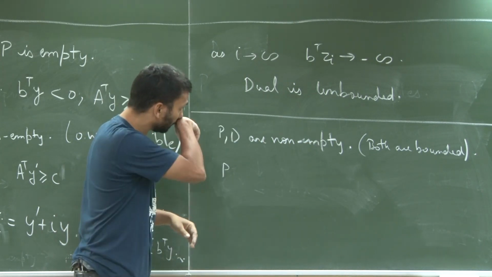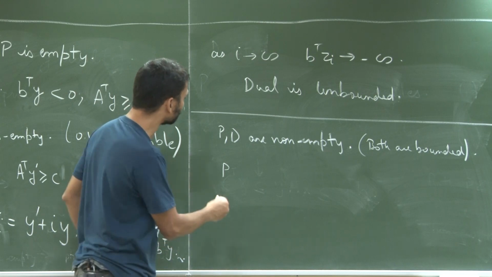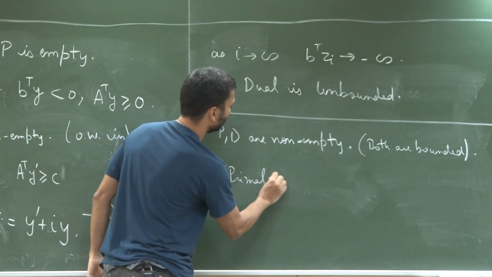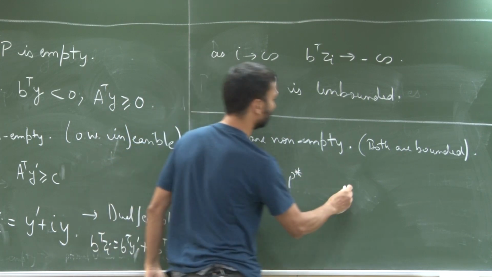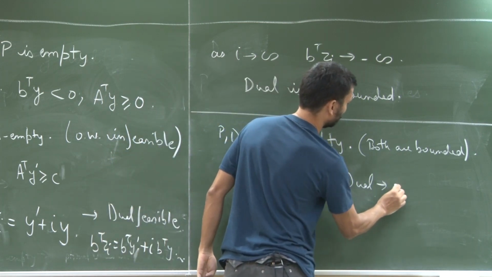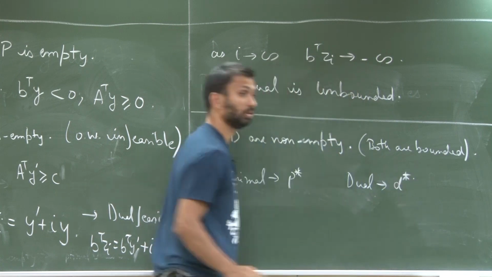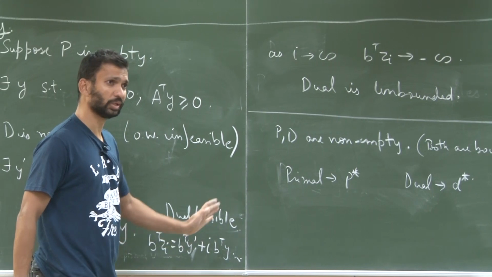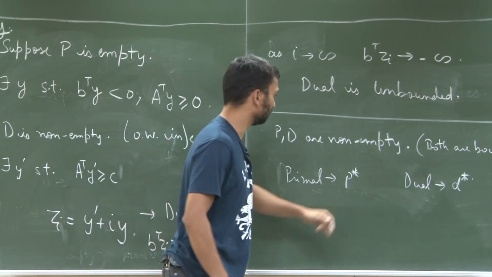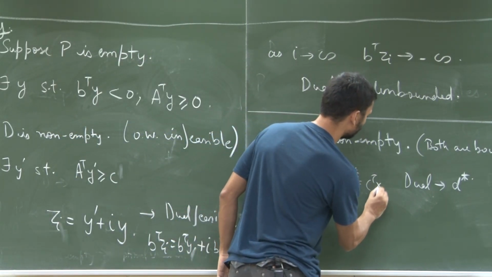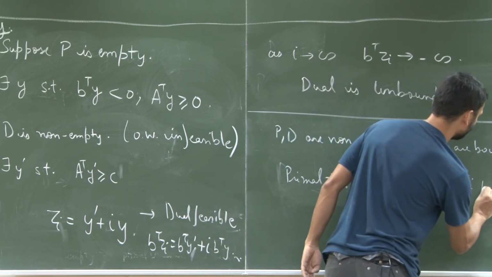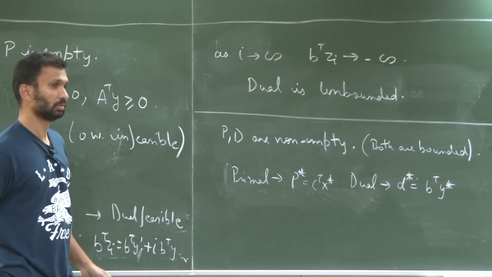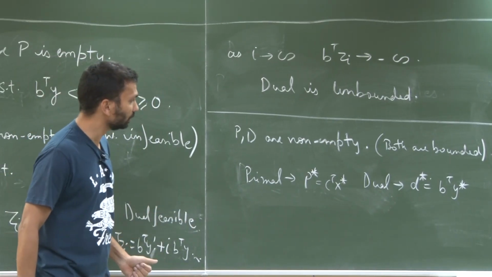So now, suppose the optimal value of primal is P star, dual is D star. Okay, this is just notation. And this is equal to C transpose x star, b transpose y star. Okay, and I want to prove that these are equal.